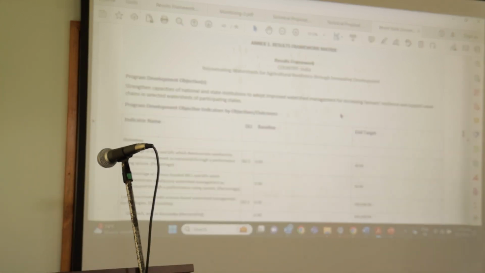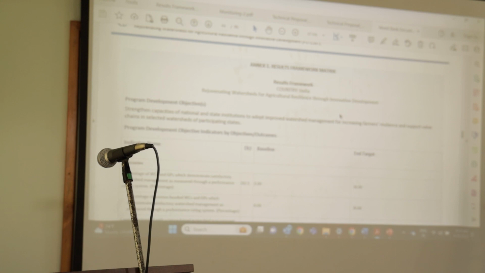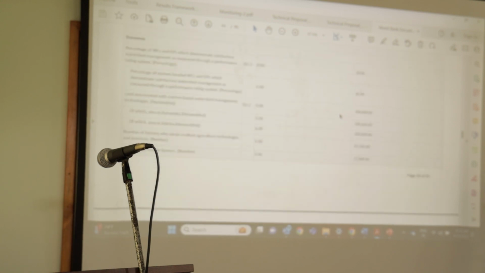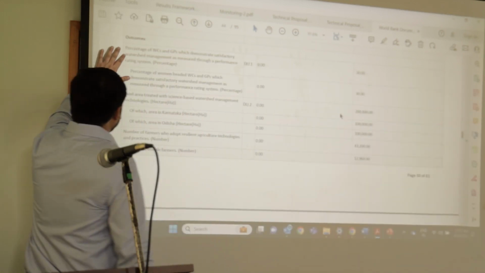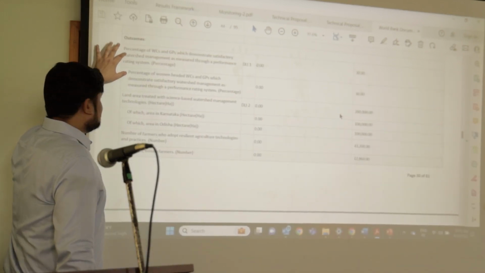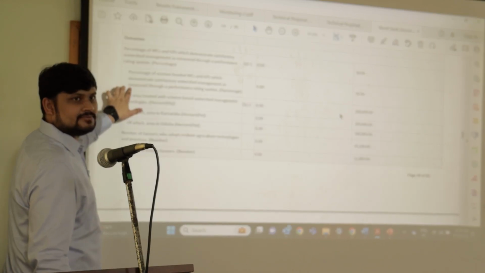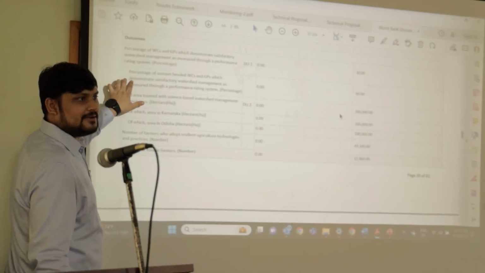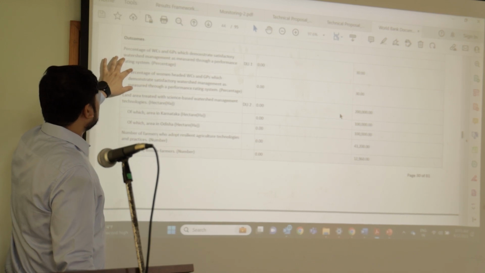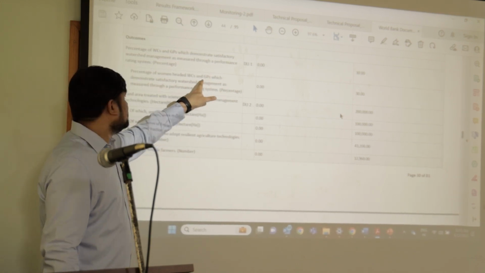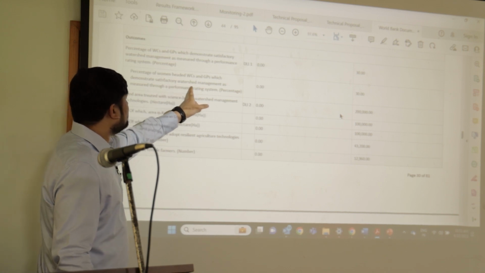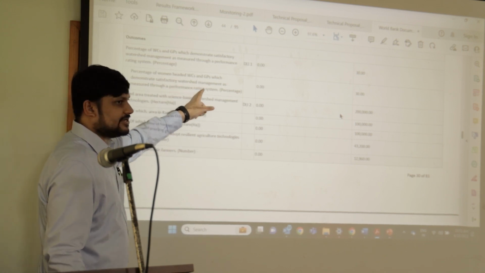If we go down one more page, there are several other indicators that I already mentioned. So within this larger indicator, you can see some indentation here, some gap here, right? And now they're talking about percentage of women-headed watershed committees and GPs which demonstrate satisfactory watershed management as measured through a performance rating system.